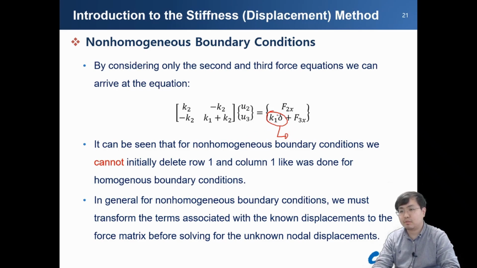But please remember, if we apply a non-homogeneous boundary condition on a specific node, at that time we must consider that additional force term. Fortunately, in this part we can neglect the additional term due to the non-homogeneous boundary condition.